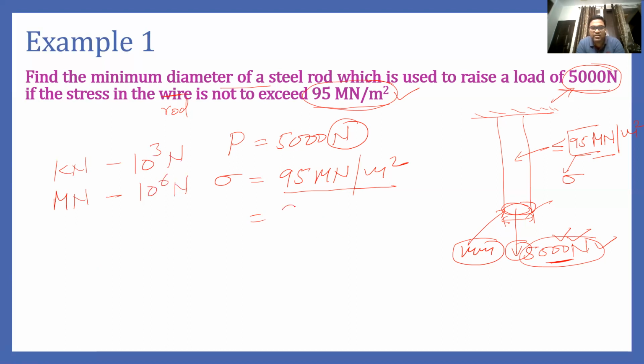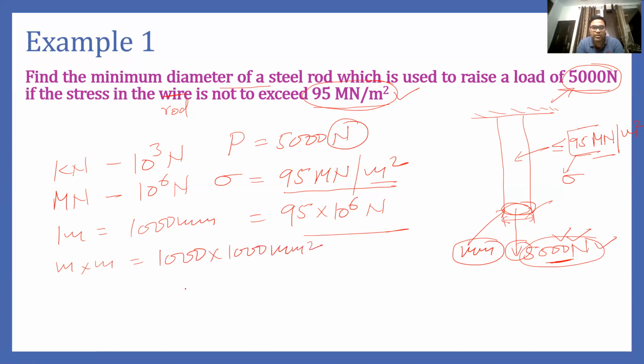So here we can write 95 into 10 raised to 6 Newton divided by, now we have to convert meter into mm. We know 1 meter is equivalent to 1000 mm, and meter into meter will be 1000 into 1000 mm square. So ultimately it will be 10 raised to power 6 mm square.